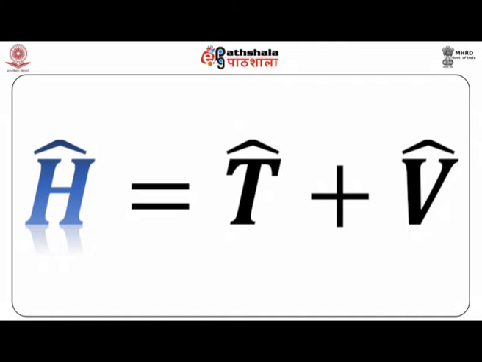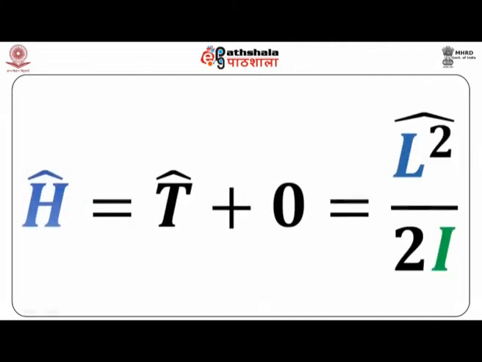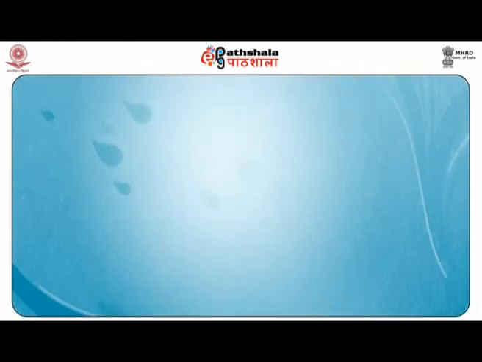Since in this case we are assuming potential energy to be equal to 0, that means V cap is equal to 0, therefore the Hamiltonian will be equal to T cap, that means the kinetic energy operator. And kinetic energy, as we have already seen, is equal to L square upon 2I. Therefore, in the operator form, it will become L square cap upon 2I. So that's the Hamiltonian for a rigid rotator.